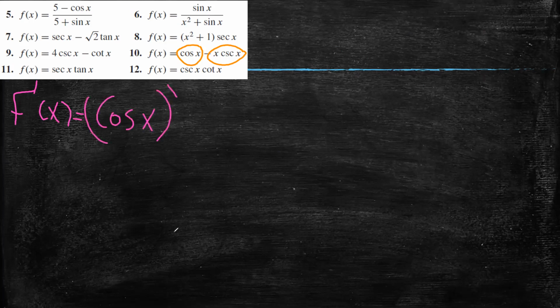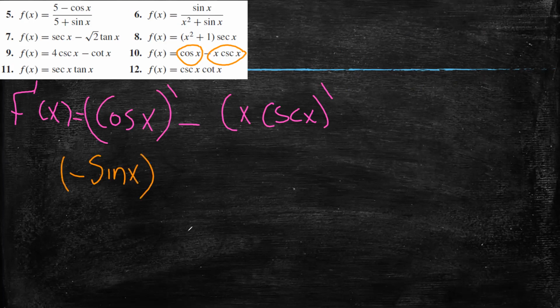So I have to find the derivation of cosine minus the derivation of x cosecant x. The derivation of cosine, it's easy. It is negative sine x. But I need now to find the derivation of x cosecant x. It is multiplied, so I have to use the product rule.